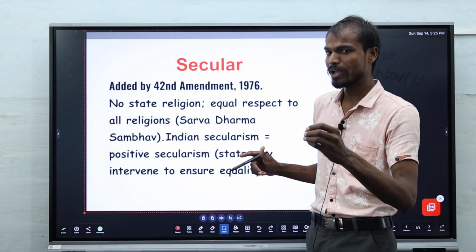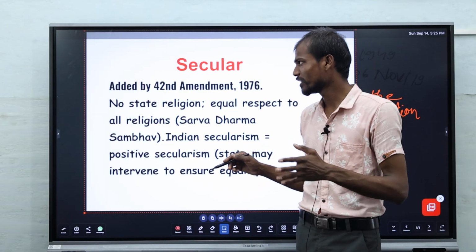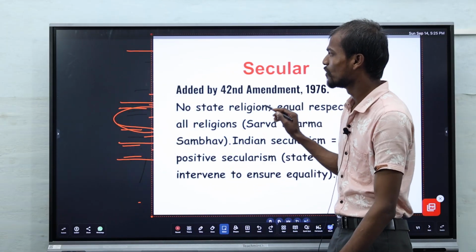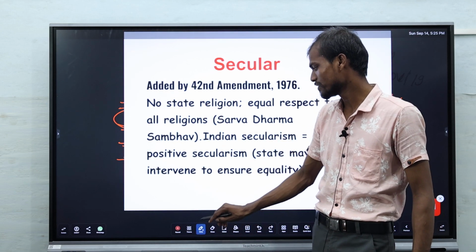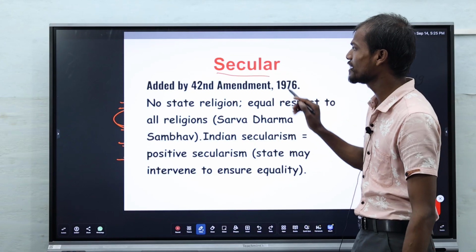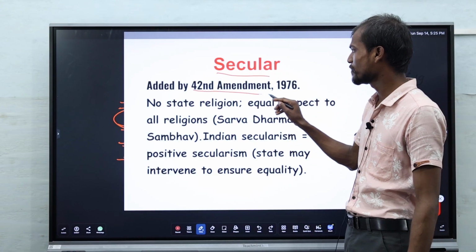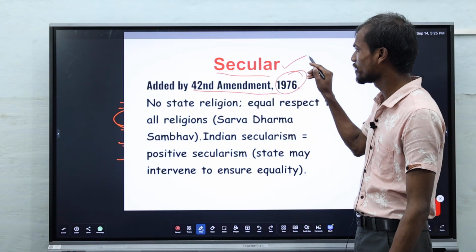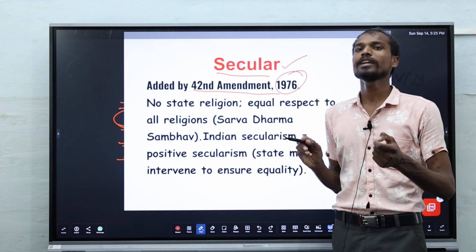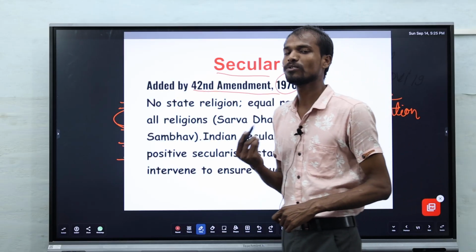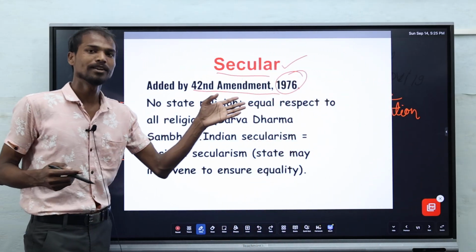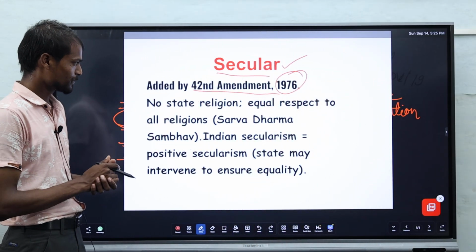Basically, we are not going to discuss religion, but we have to understand why the term secular is associated with religion. India is secular. The term was added by the 42nd Amendment Act 1976. It was not included in the original constitution, but was added later in 1976.